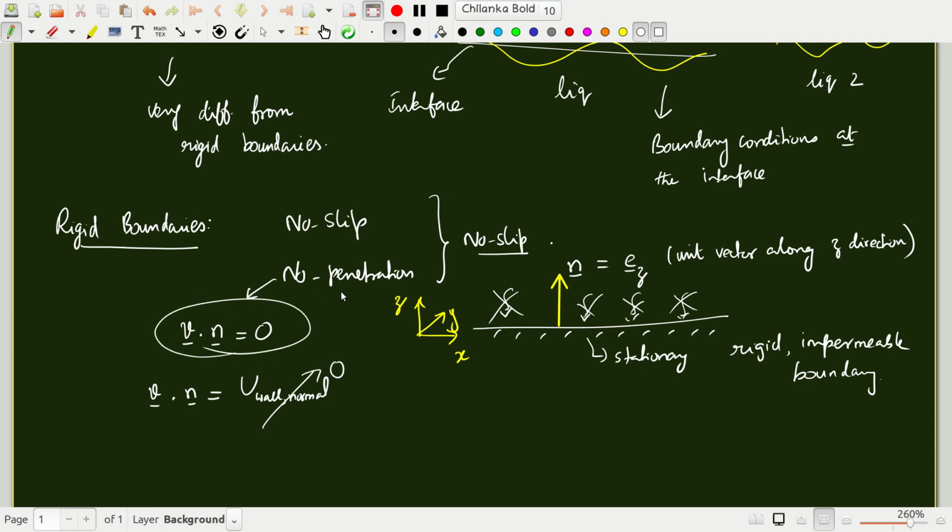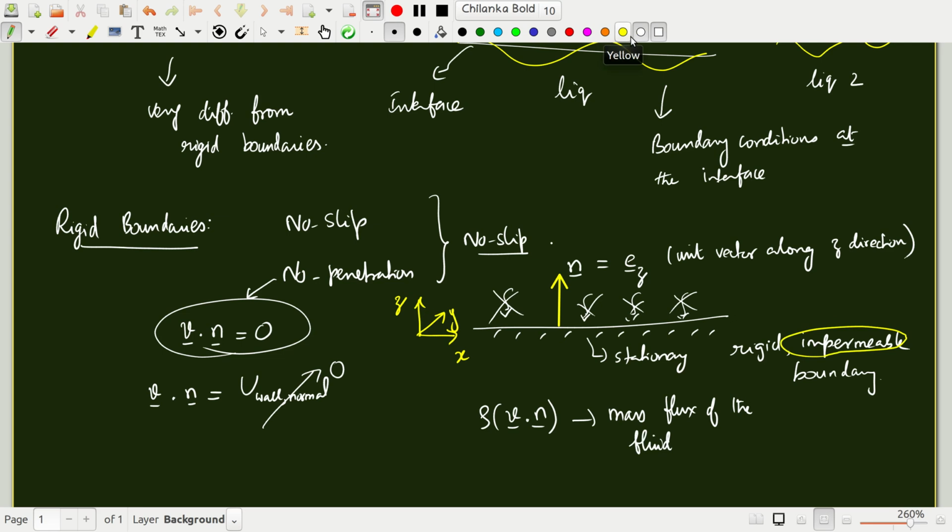This is called the no normal velocity condition. It is basically a consequence of conservation of mass, because rho times v dot n at any point is the mass flux of the fluid. If rho v dot n is non-zero, that means mass is entering from the fluid into the boundary, which is not possible because we are assuming the boundary to be impermeable.